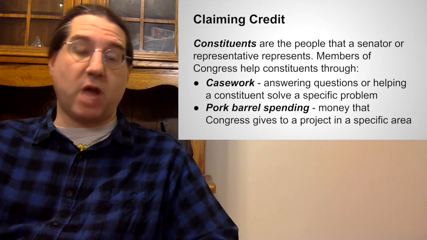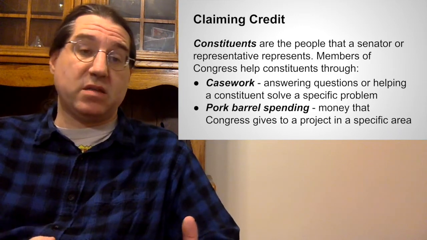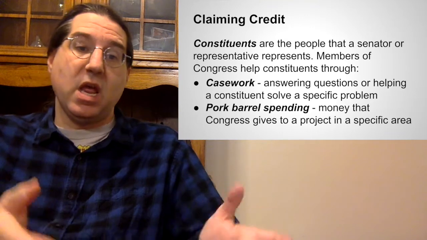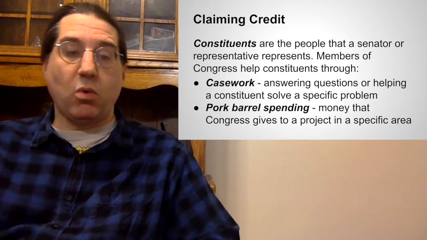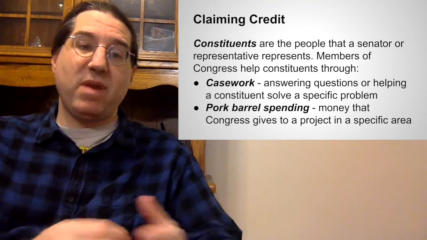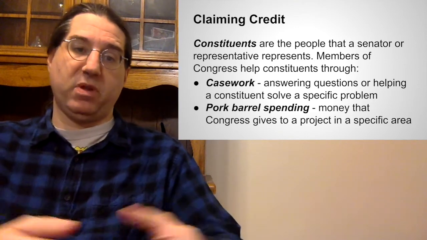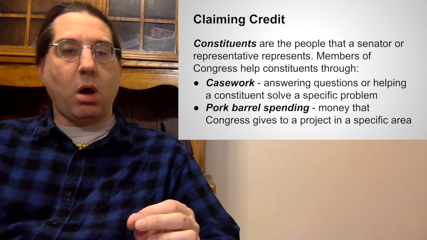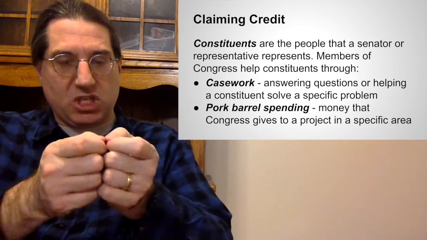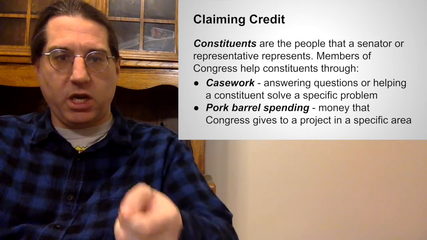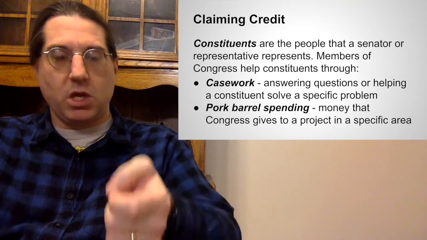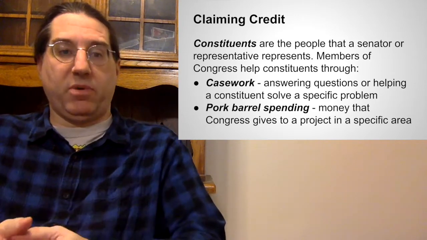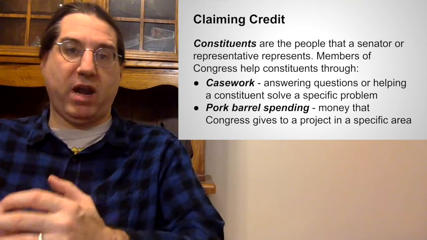And Congressman Smith might say, that sounds like a pretty good deal, because then I can go back home and get my picture taken in front of the newly repaired road and say, here's what I've been able to do for you, the people of my district or the people of my state. So pork barrel spending is spending that's specifically targeted to a specific place, to a specific project, which then a senator or representative would be able to take credit for.